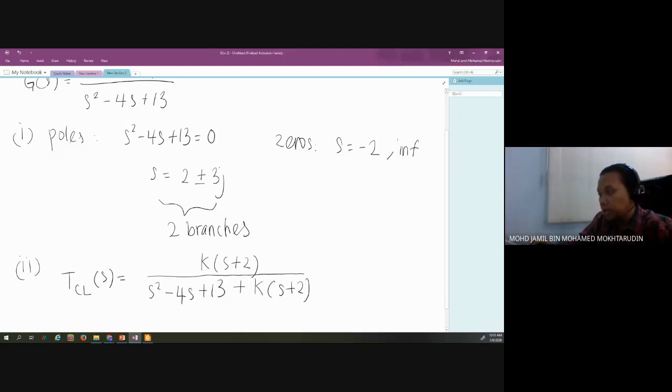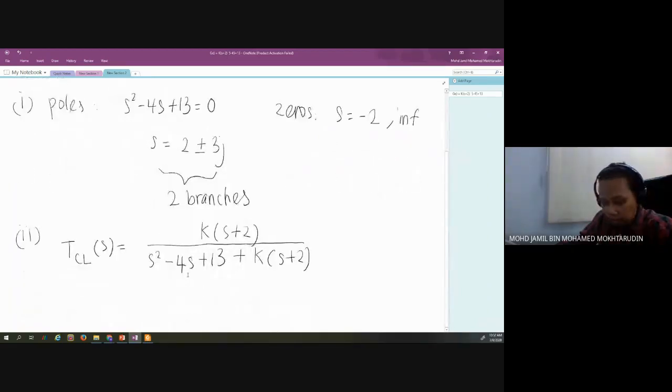This is unity feedback, so you can straight away get the closed loop transfer function, okay? And then after that, you determine the denominator. Okay, expand and simplify.